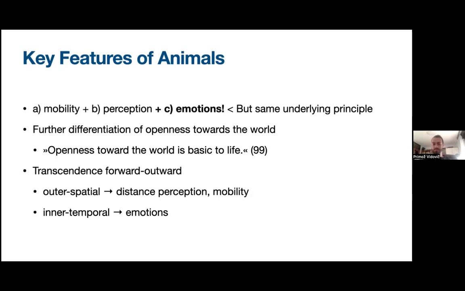There's also this dimension, which Jonas is kind of focusing on here, of the inner temporal level, with the animal having to get not from one place to another to meet its goals, but from one moment to another, from its present state towards its goal. And this level is usually neglected because it's harder to see, and this is where emotionality actually takes place.